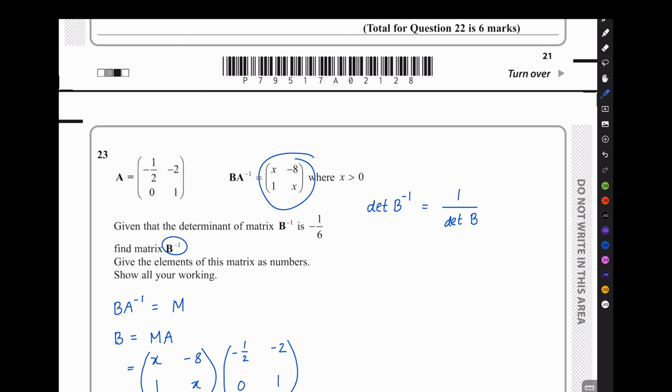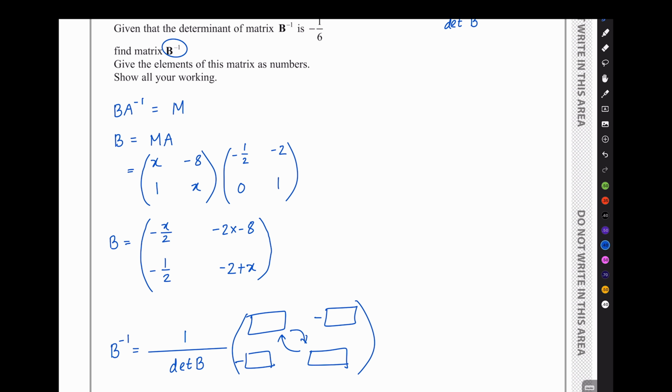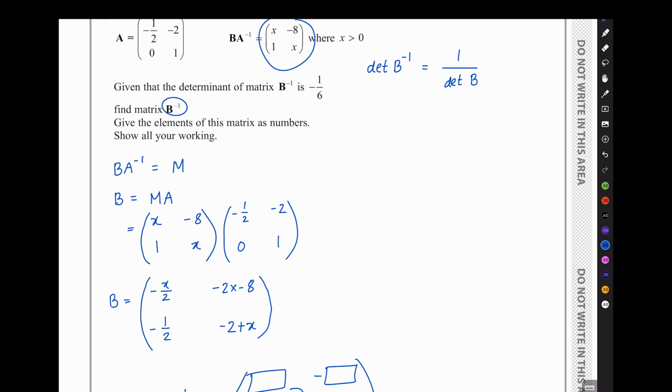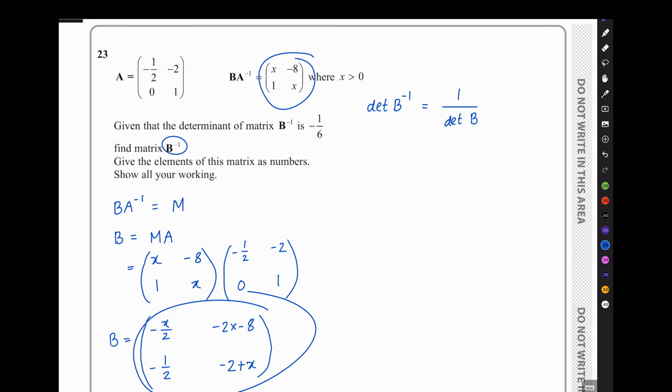This is an important rule. I already know the matrix B, so I can find 1 over the determinant of B, and I also know the value of the determinant of B inverse. Let me try to fill this up.